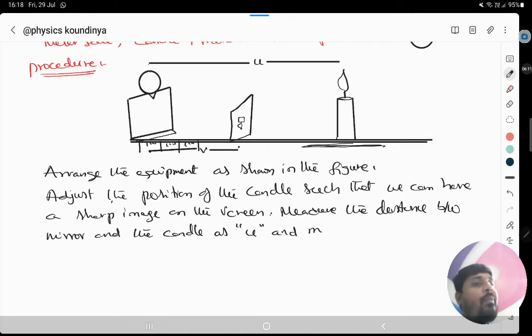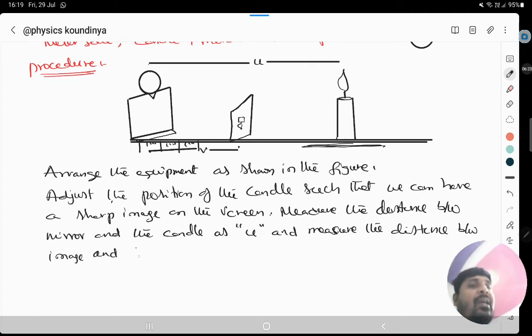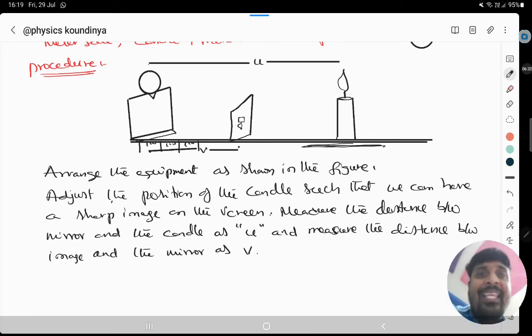and measure the distance between the image and the mirror as v. We are going to repeat this experiment at different positions, like 3-4 trials.